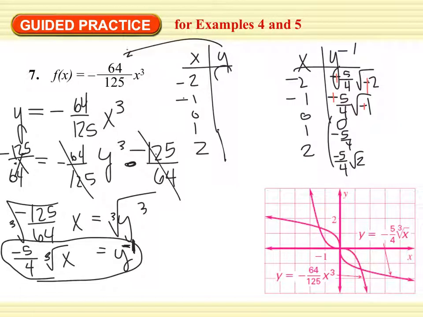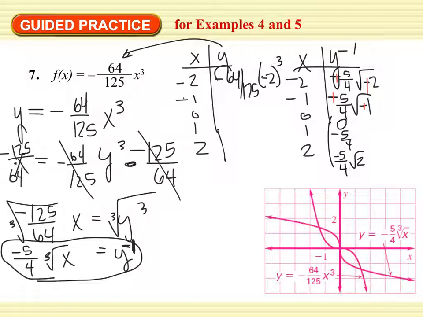Here, I'm using this function. So negative 64 over 125 times negative 2 to the third power. Negative 2 to the third power is negative 8 times 64 over 125.